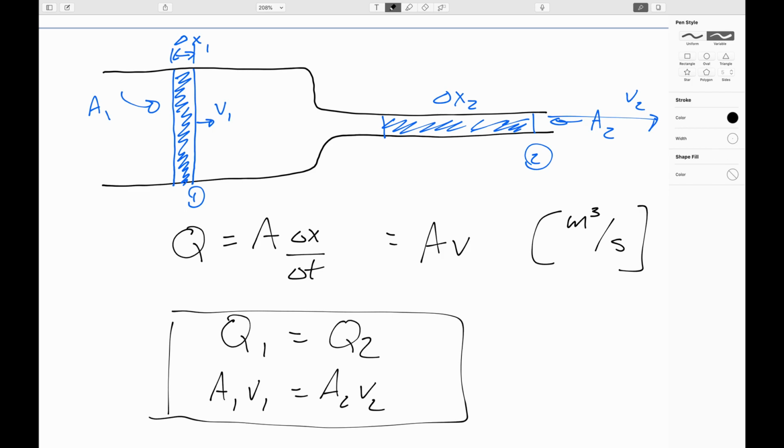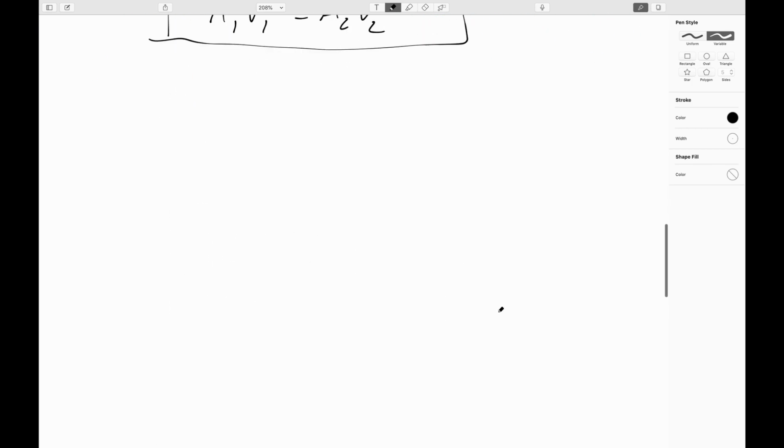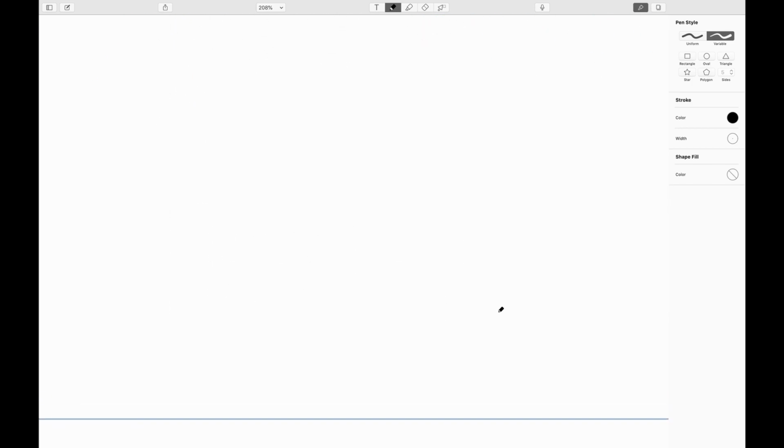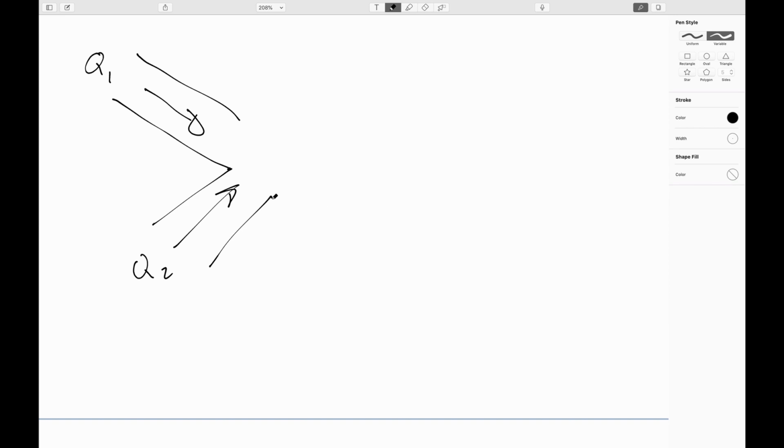So you might also ask yourself, well, great, what if I have branches? Like I could imagine a river that has branches or something like that. Well, in general, if we have some sort of a junction of fluid flows, we'll call this Q1, let's say it's flowing into the junction. Fluid is flowing into the junction over here. That would be Q2. We'll say that's Q3.